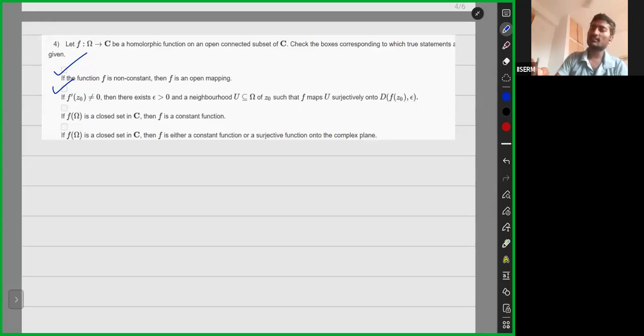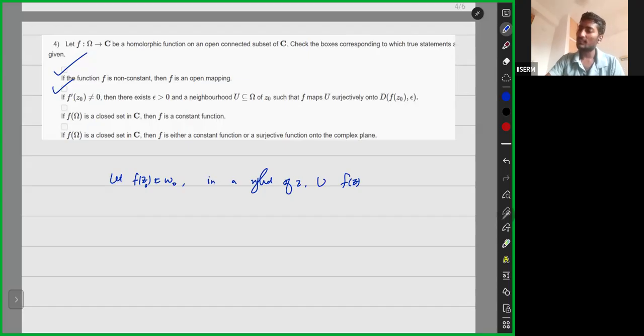In a neighborhood, it can be written in some special format. How to write this? I'm just telling you, let f of z be equal to w, and in a neighborhood of z, let's say U, f of z naught is equal to w naught.